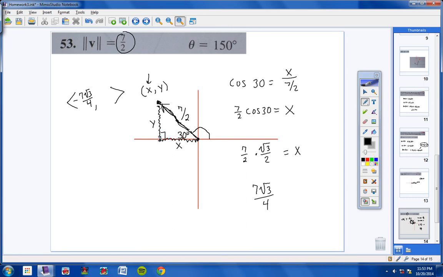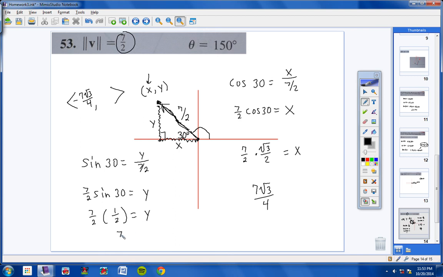Now let's find the y value going up. We're going to use sine of 30 equals opposite over hypotenuse. Multiply both sides by 7/2. And then we'll take the sine of 30 and we'll get 1/2. So 7 over 2 times 1/2 equals y.